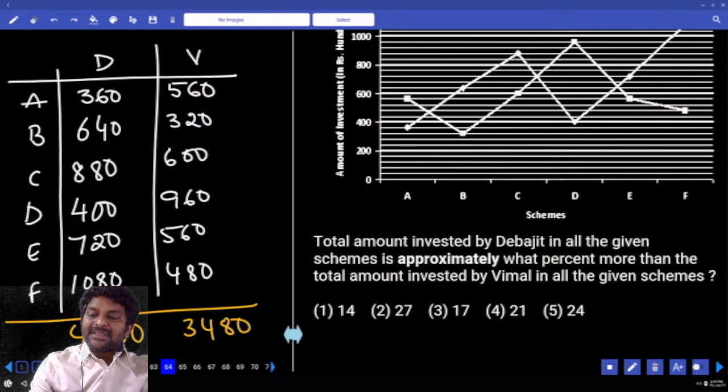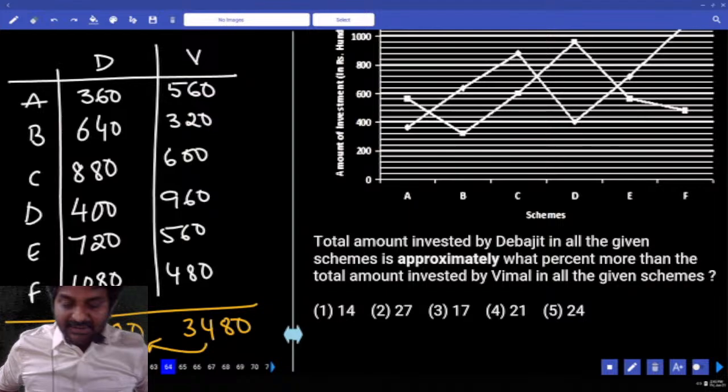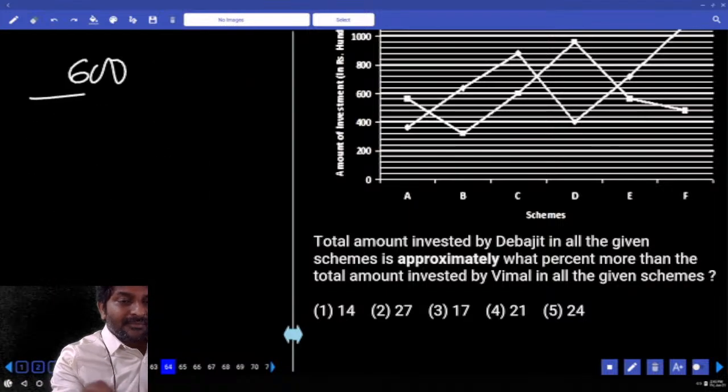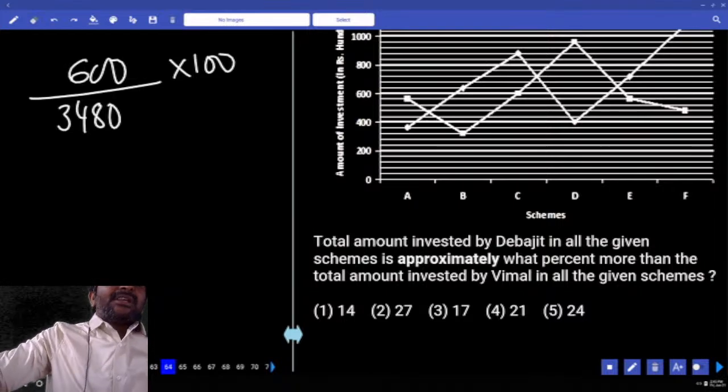3480. Now Debajit's value is what percentage more than Vimal's? 4080 is how much more than 3480? 600 more than 3480, about 34, percentage into 100 only. What is the 10% value?